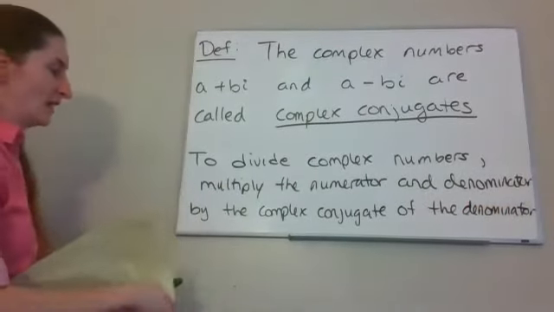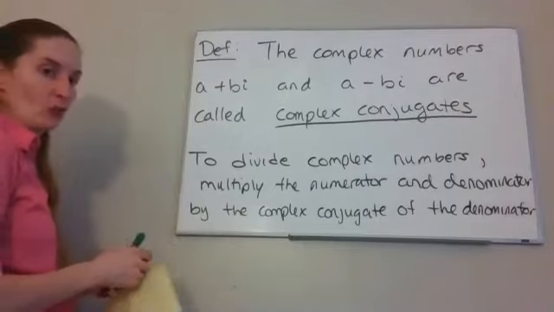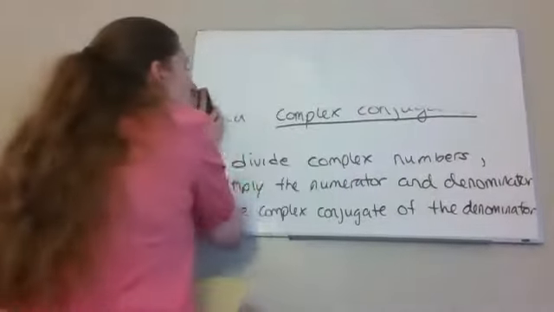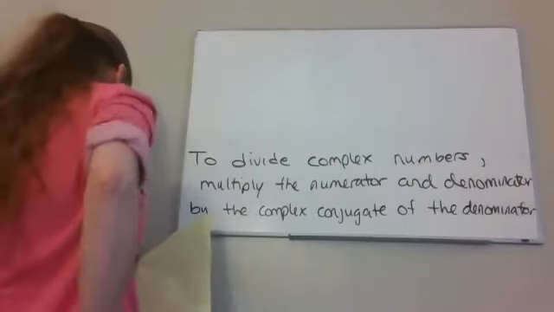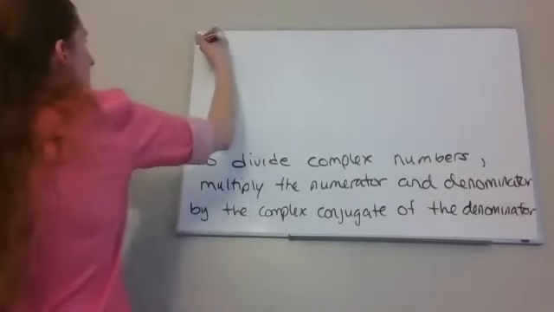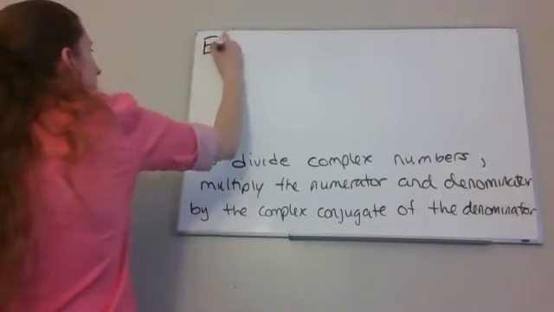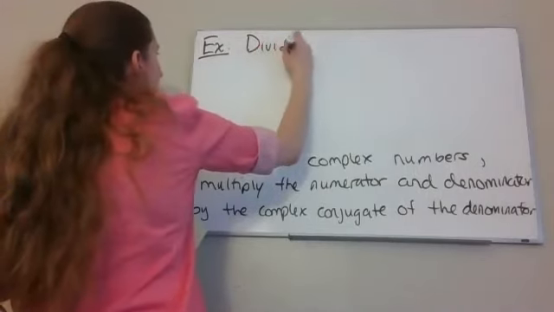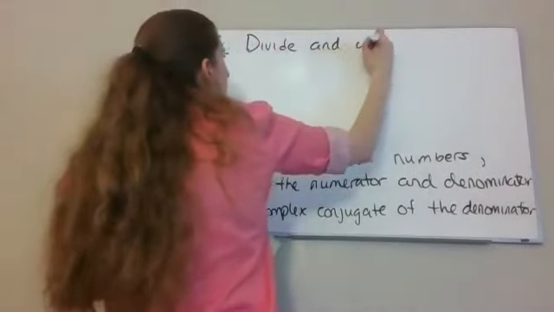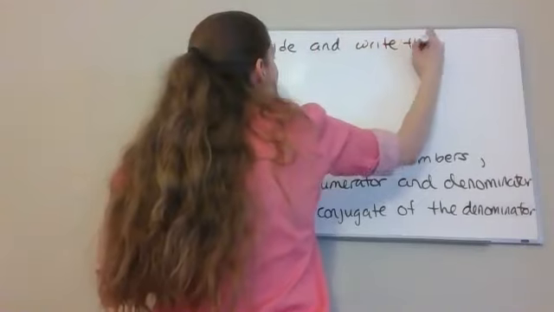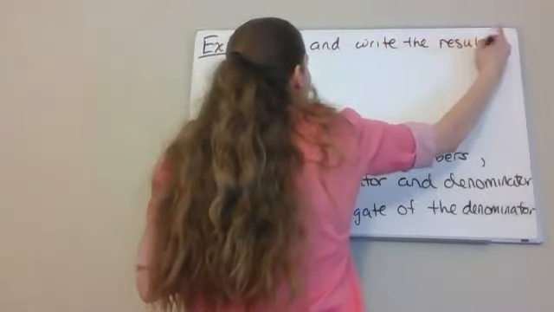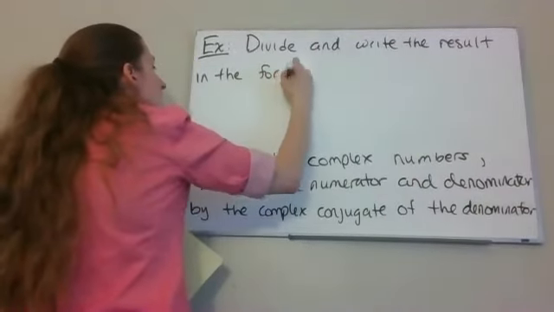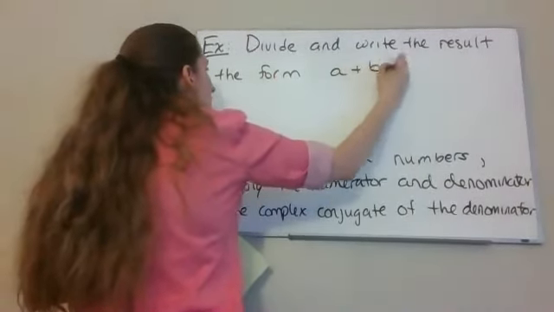So let's do an example seeing how this procedure works. So we're going to divide and write the result in the form a plus bi.